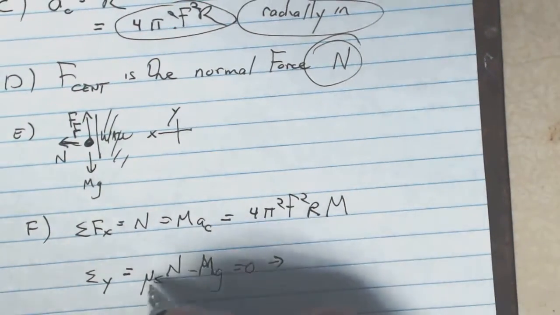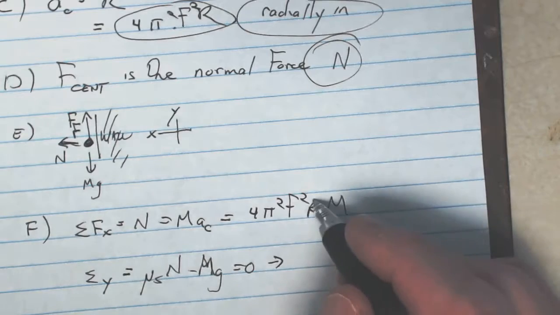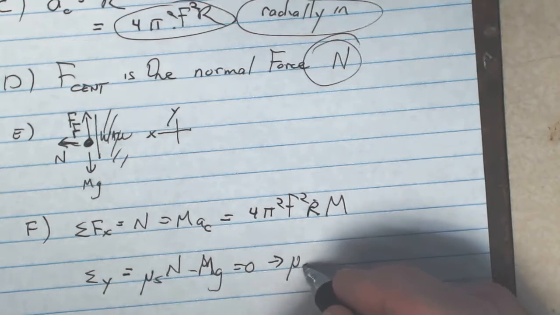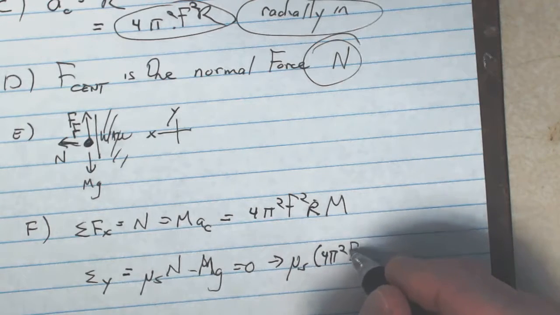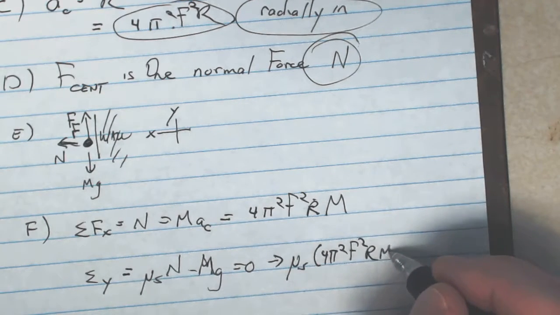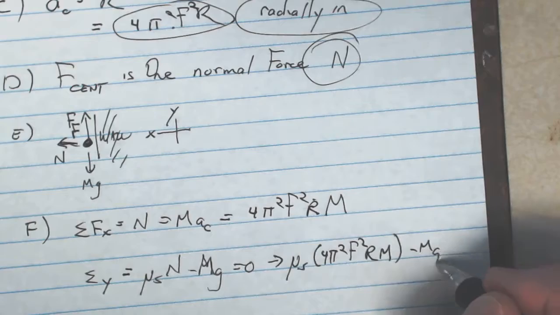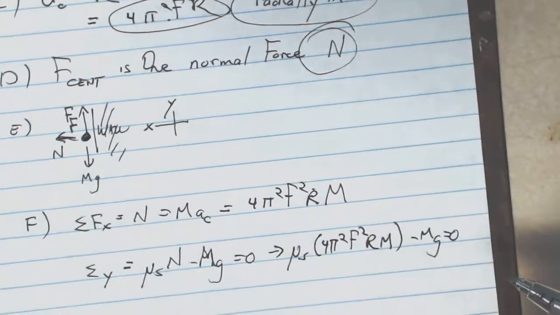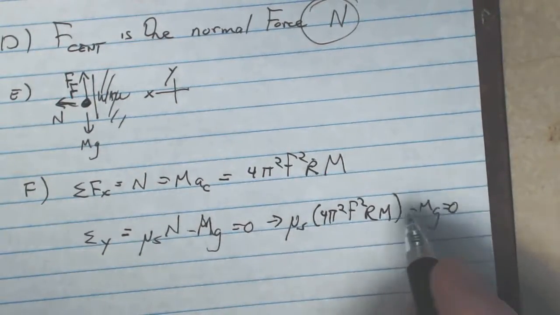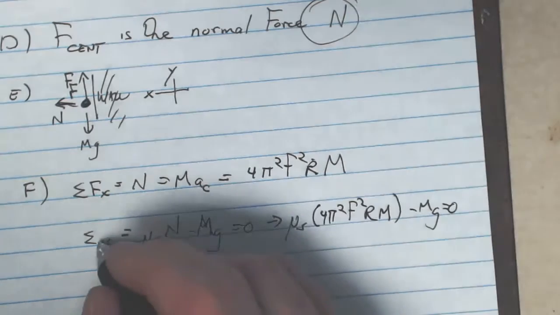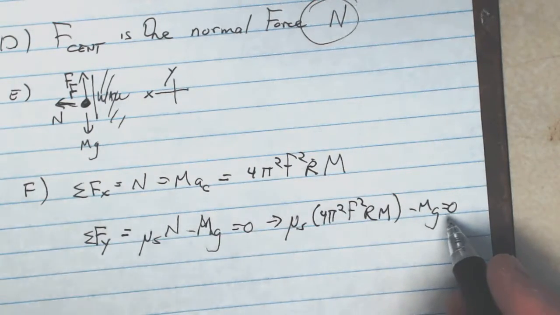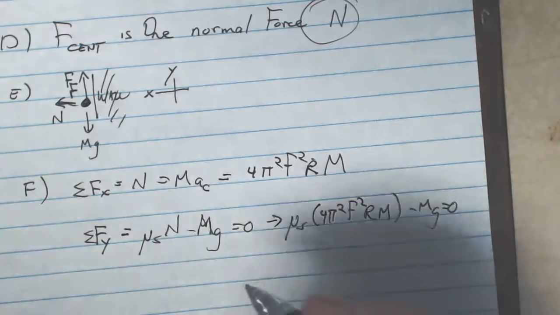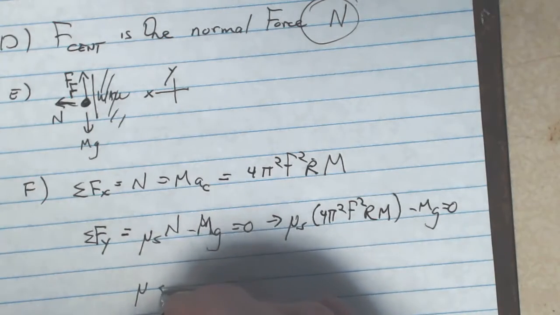And now I can plug in for the normal force my expression from up here. So I have mu s times the quantity 4 pi squared f squared r m, minus mg equals 0. It's equal to 0, by the way, because there's no motion, certainly no acceleration in the y direction. That's our hope. Okay, so solve this for mu s.